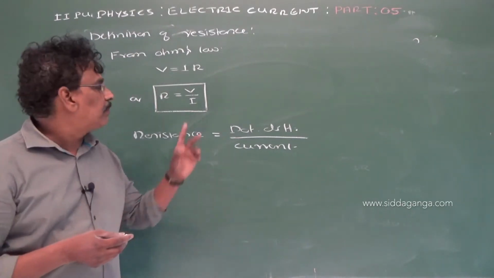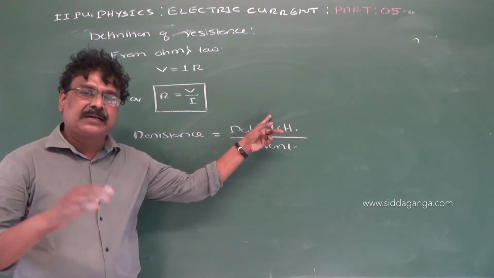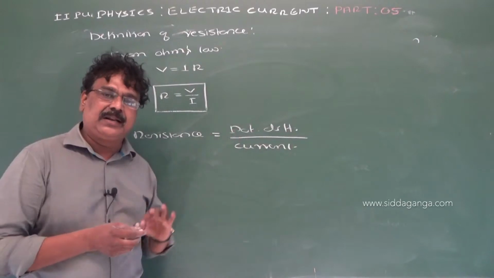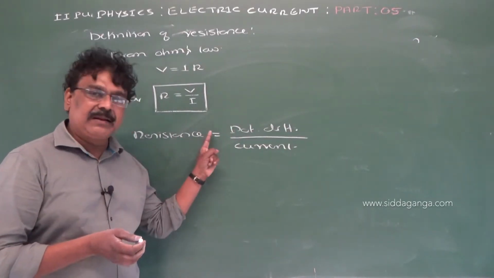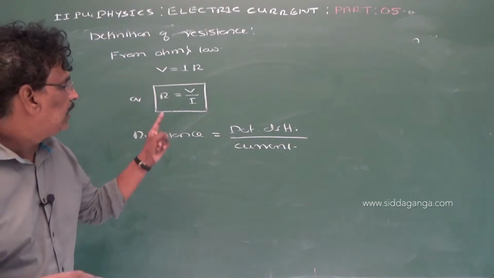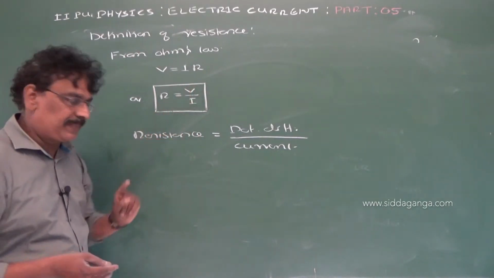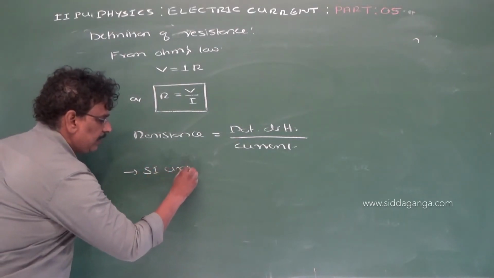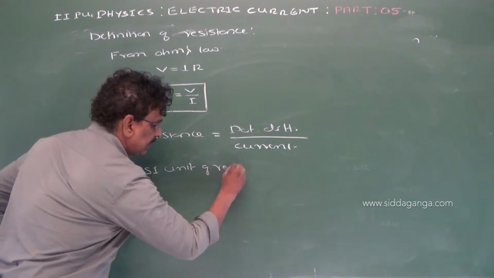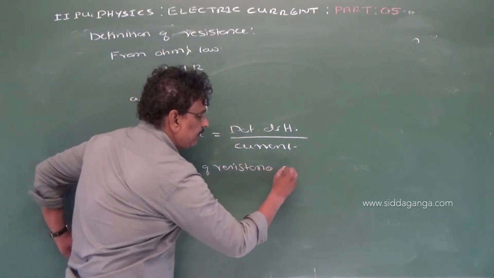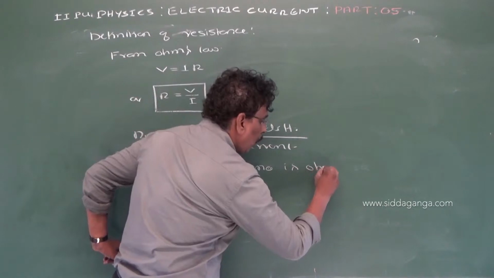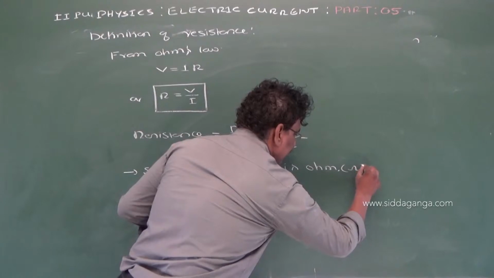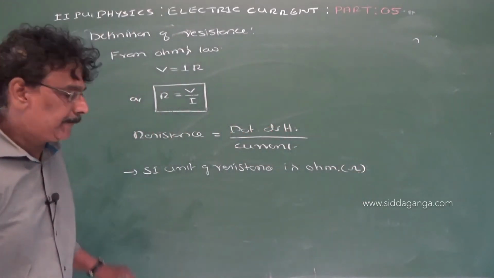By measuring potential difference across the ends of the conductor using a voltmeter, and by measuring current through the conductor using an ammeter, we can measure resistance of the conductor using R is equal to V by I. Now, the SI unit of resistance is ohm. It is denoted by the symbol capital omega.